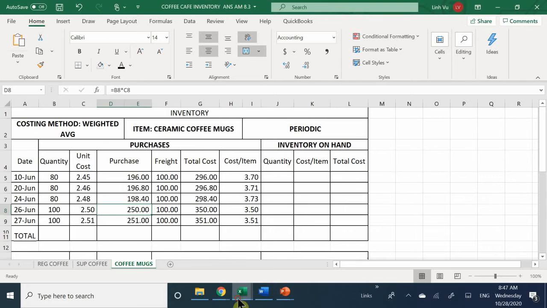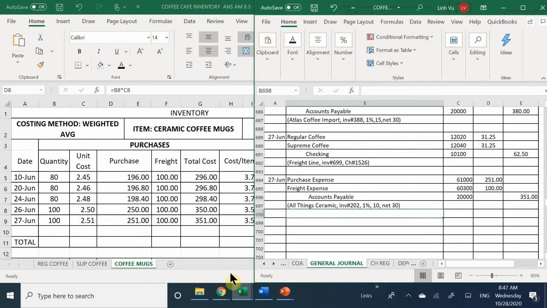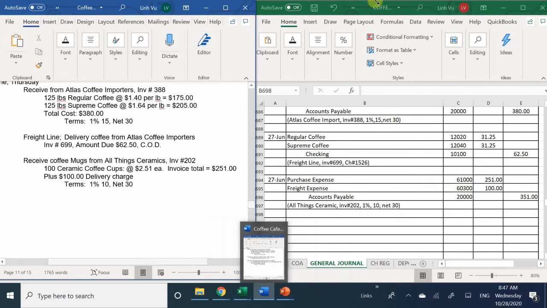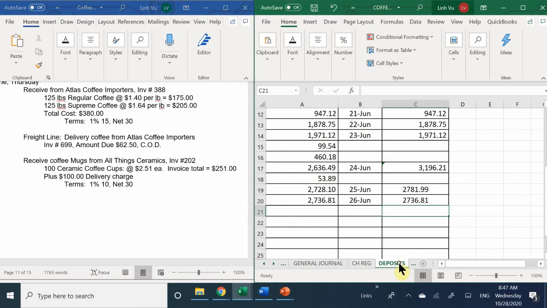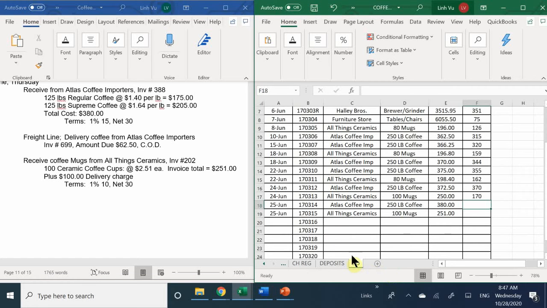Now that we've finished that, what else do we have left to do? Update the purchase order. So let's go ahead and come to the purchase orders. And did we receive our 100 coffee mugs for $251? Yes.